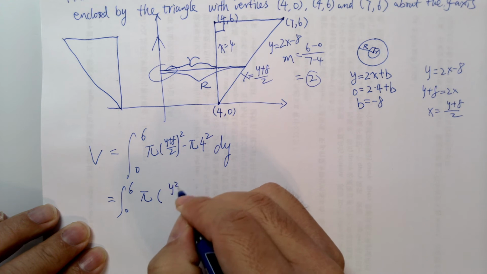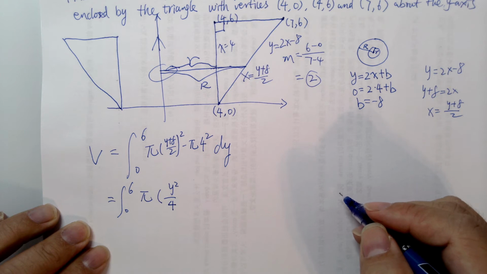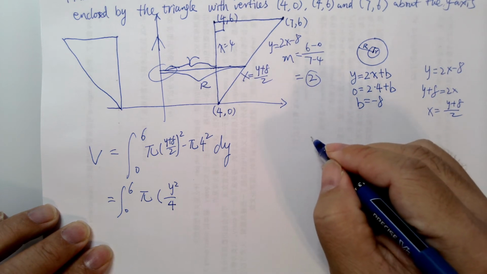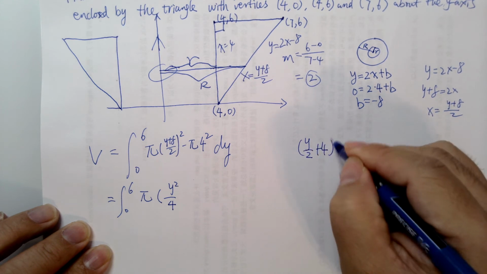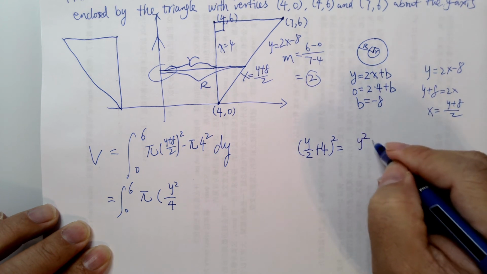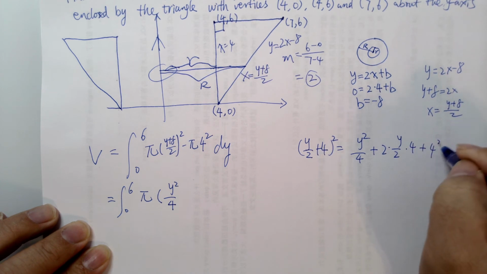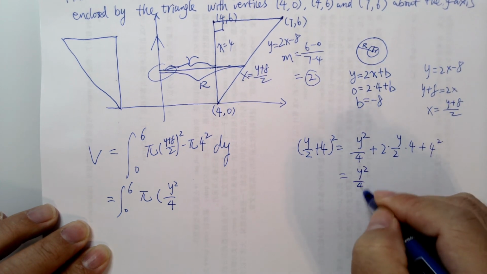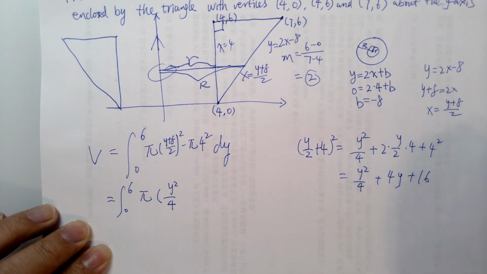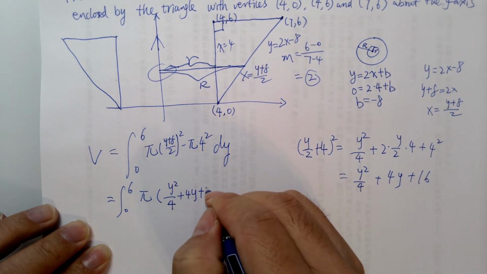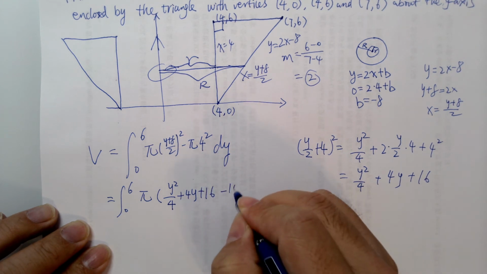It's going to be y squared over 4, and then what I'm trying to do is (y over 2 plus 4) squared. I'm trying to expand this. It's going to be y squared over 4 plus 2 times y over 2 times 4 plus 4 squared. And then that gives us 4y plus 16. And also, don't forget we have this 4 squared here, so it's minus 16, and then dy.